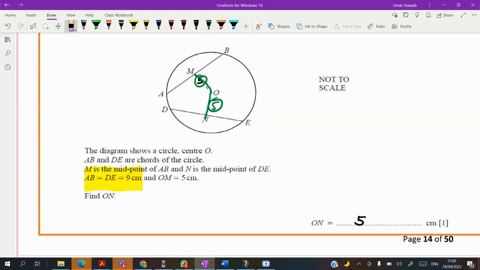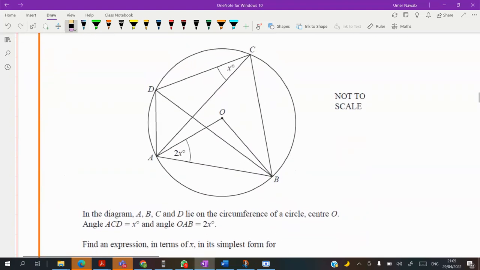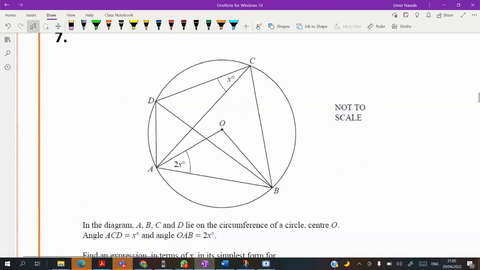Just simply write 5. This question, if you look at question number 7, he gave you the center. Center is O. Let me focus on this triangle OAB. Yes, it looks like an isosceles triangle because OA is the radius and OB is the radius.